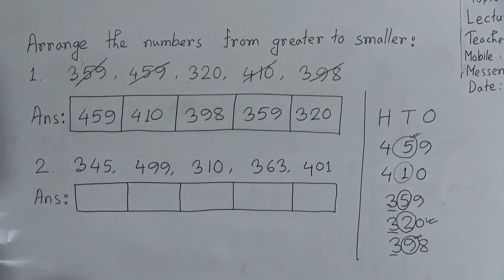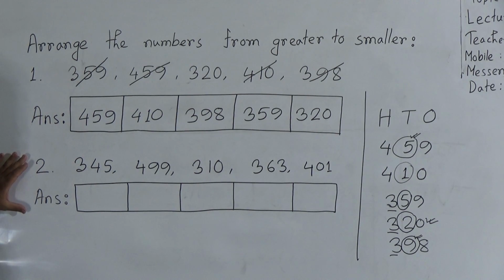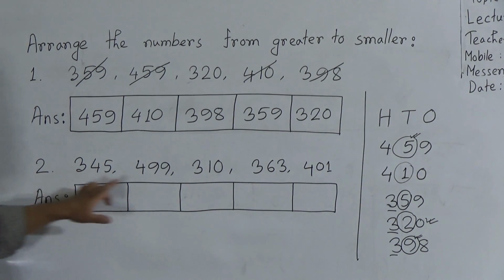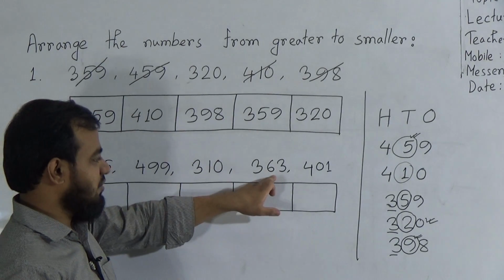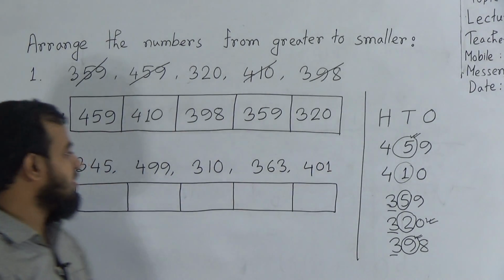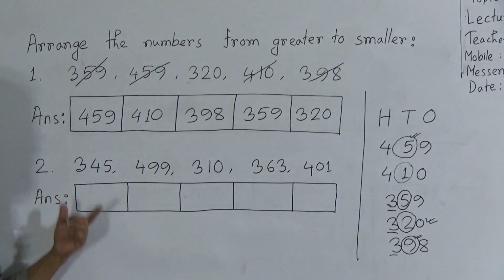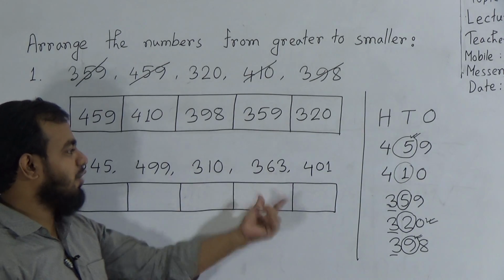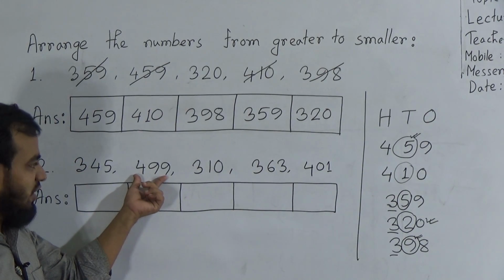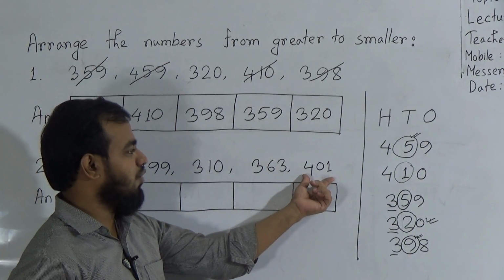Now, next we have another 5 numbers in question number 2. We have to arrange these again from greater to smaller. The numbers are 345, 499, 310, 363 and 401. Again, in the 300s we have 3 numbers, and in the 400s we have 2 numbers, 499 and 401.